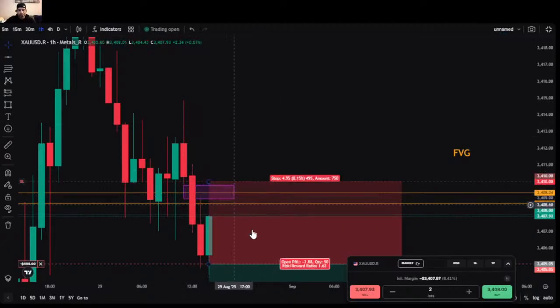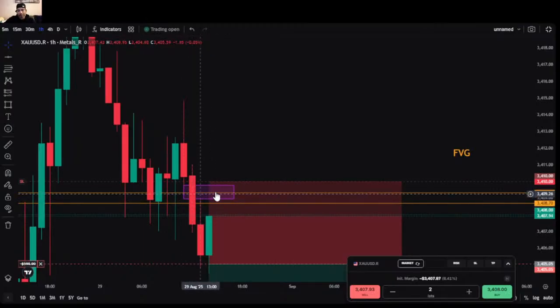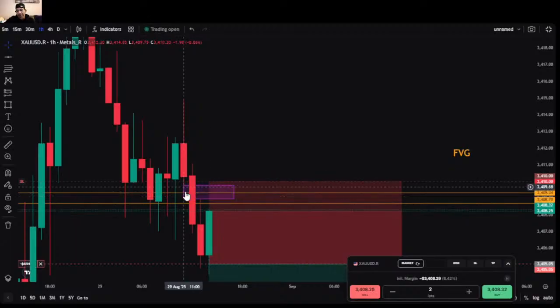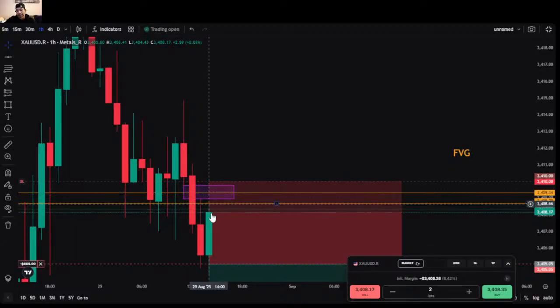So I learned recently that this is what they call the consequent encroachment, which is the middle of the inside of the fair value gap. So a lot of times the candles will come in probably right about that 50% of the fair value gap, which is halfway in, and tap in there.